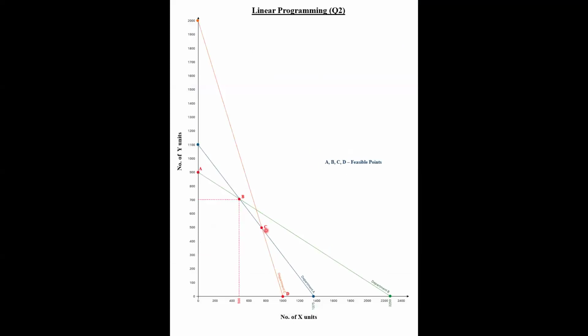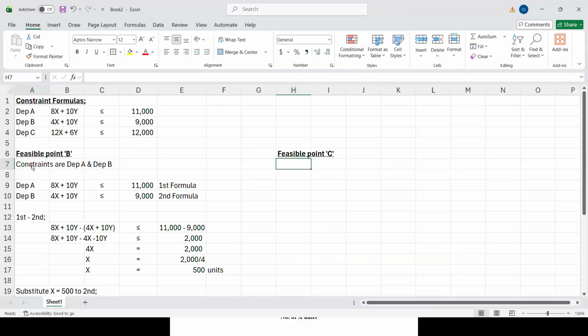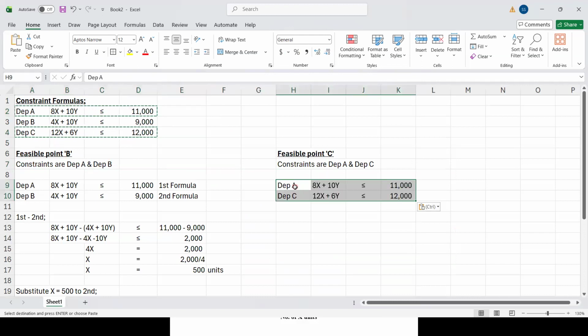Department C and Department A. Department B is unlimited. Yes or no? Yes. So the constraints are Department A and Department C. Correct? So which two limiting factor line formulas are we going to use? Department A and Department C only.